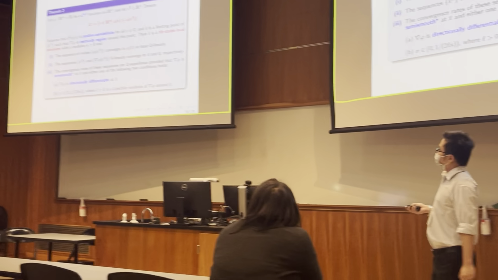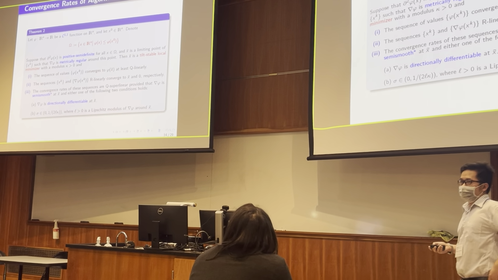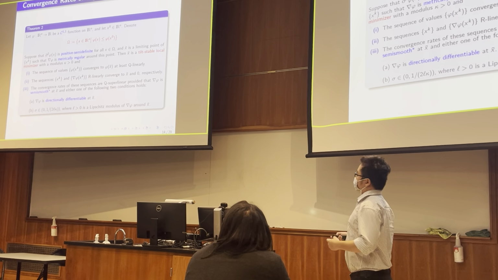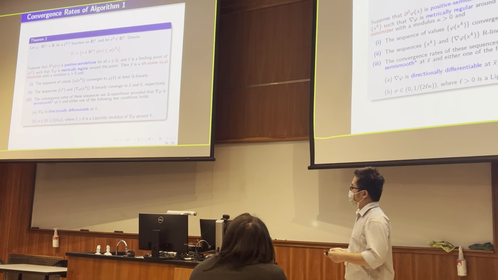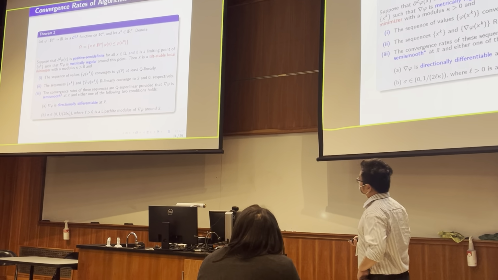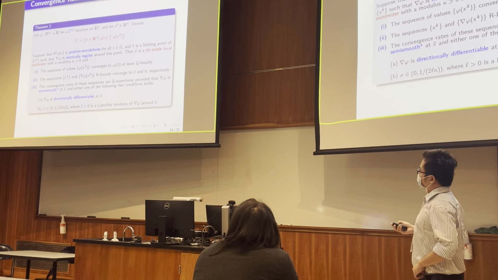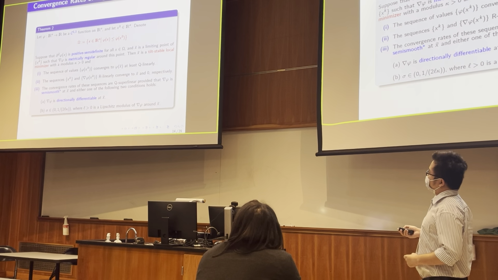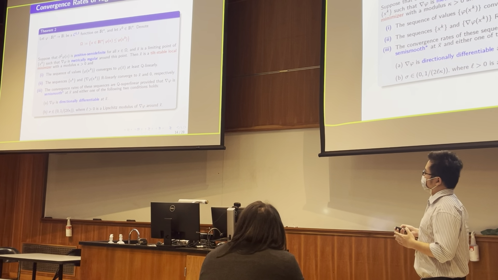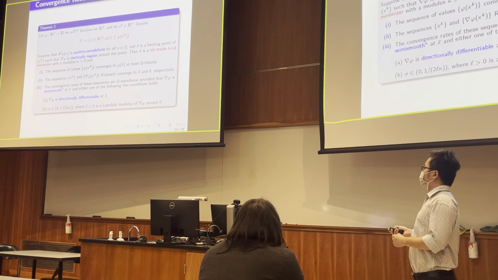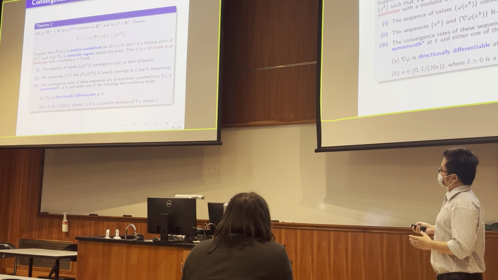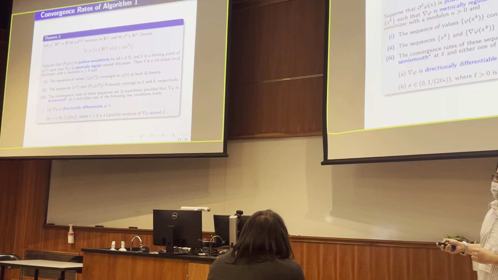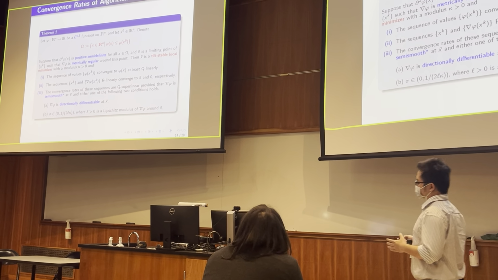Now we are ready to state the convergence and the rate of convergence of our algorithm. The first one: if we have the metric regularity condition with a radius around the limiting point, we get the first statement, that the point h bar is a fully stable local minimizer, not just a local minimizer.